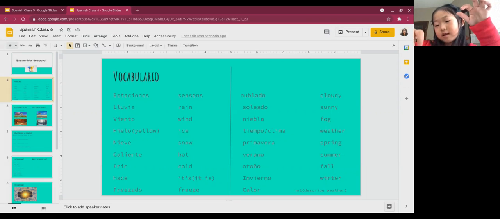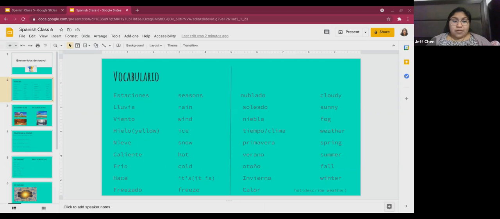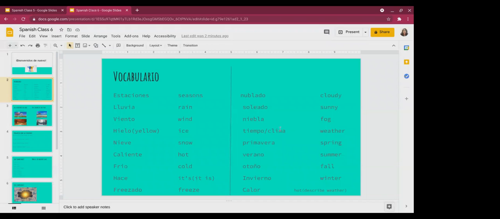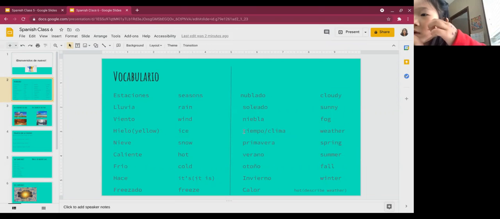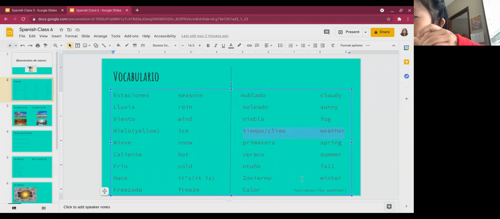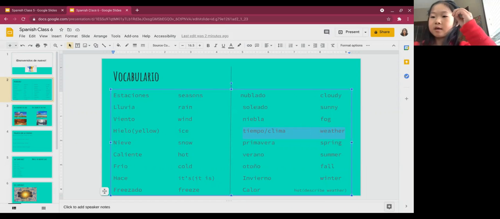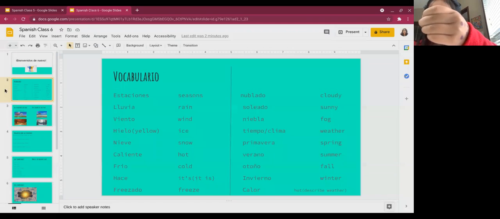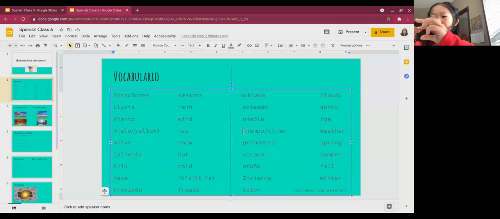Okay. And now let's see. Tiempo or clima, weather. Right now we're right here. I highlighted it for you. Okay, el tiempo o clima.